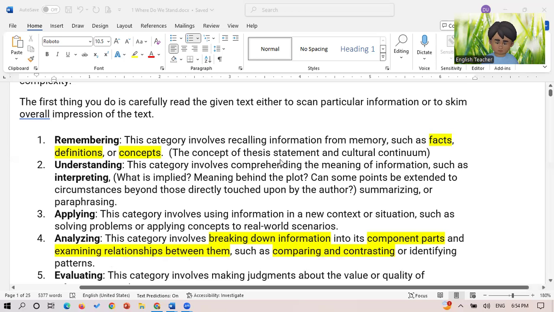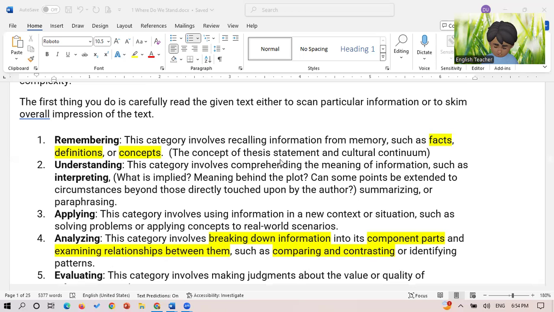So there are 2 things that we do when we read any text in a broad sense. One is we may scan a given text, S-C-A-N, scan, or we may skim a given text. When you scan a given text, you are reading it to find a particular specific information that may be in some paragraph.